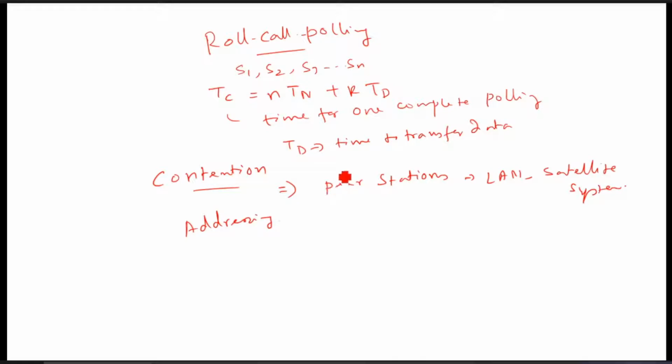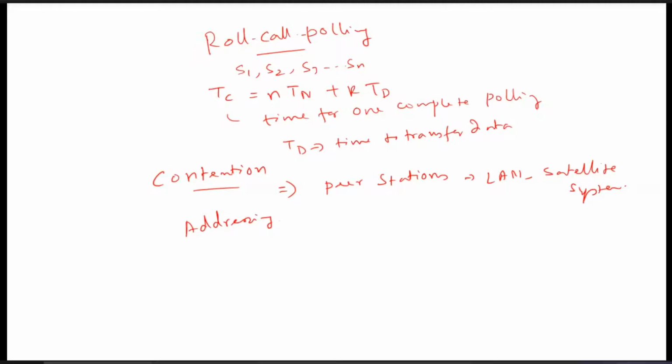But in case of peer stations, both transmitter and receiver must be identified. So that is the difference between roll call polling and the contention disciplines. In that situation, both transmitter and receiver must be identified.